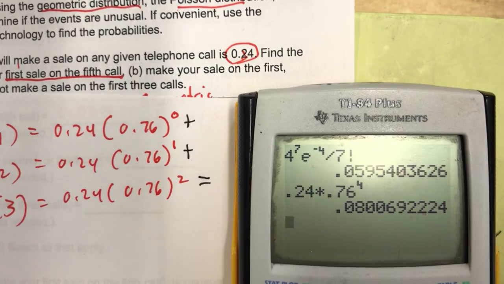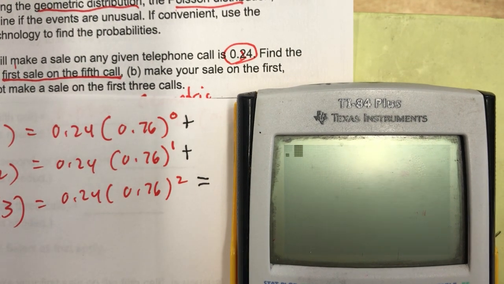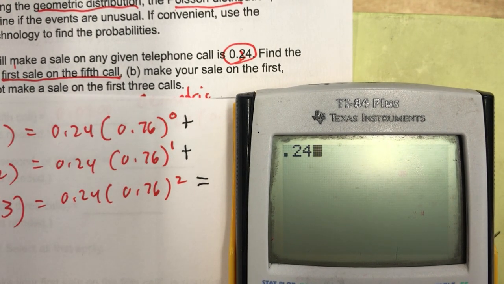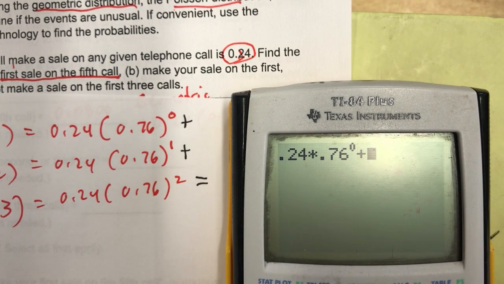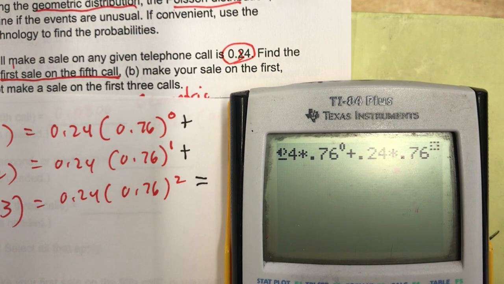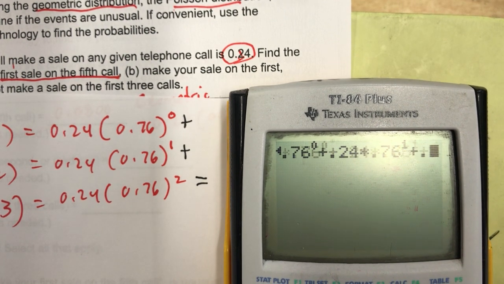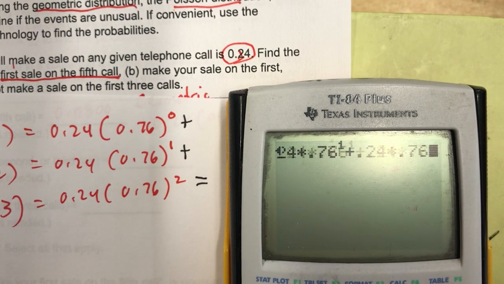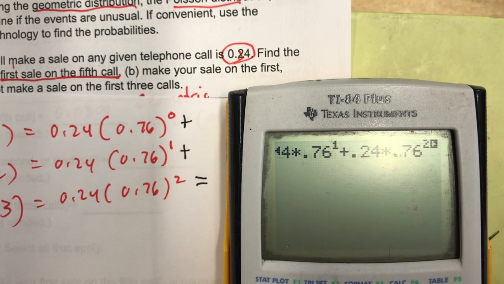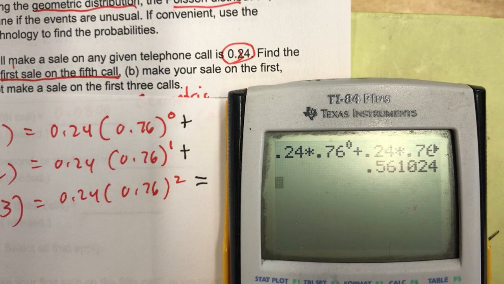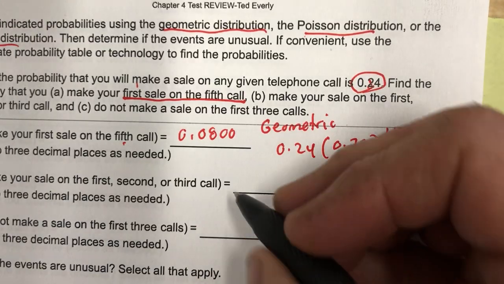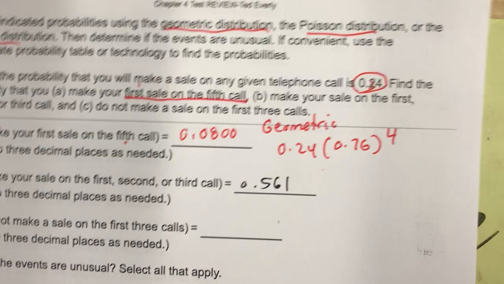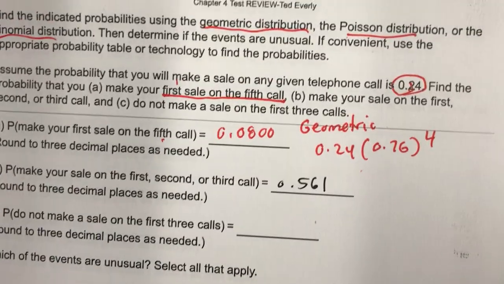So 0.24 times 0.76 to the 0 power, plus 0.24 times 0.76 to the 1 power, plus 0.24 times 0.76 to the 2 power, gives 0.561. Which we see right here, so we're good.